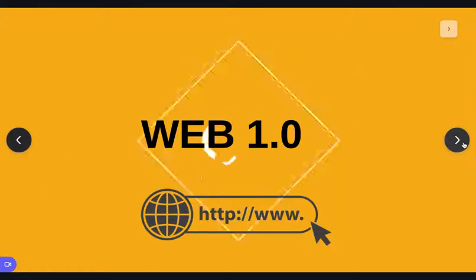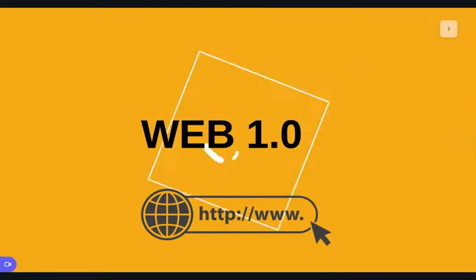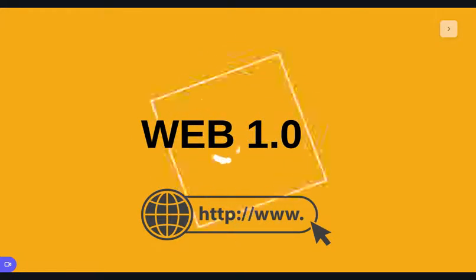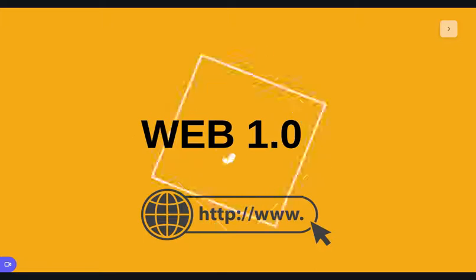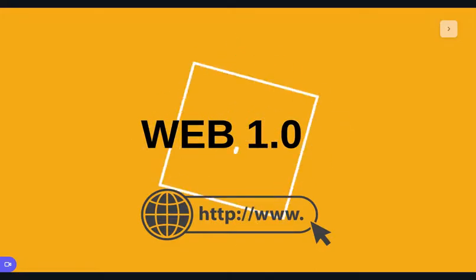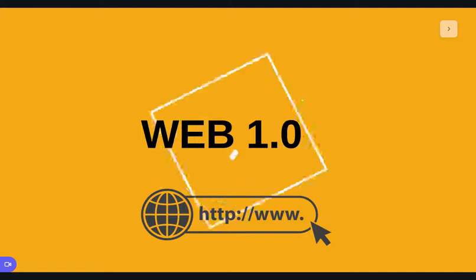So, what are the differences between Web 1.0, Web 2.0, and Web 3.0? So Web 1.0, this was like the first version of the internet. You remember, way back in the 90s when the internet became a thing. That was Web 1.0. And one of the features of Web 1.0 is the fact that it was a read only kind of website.